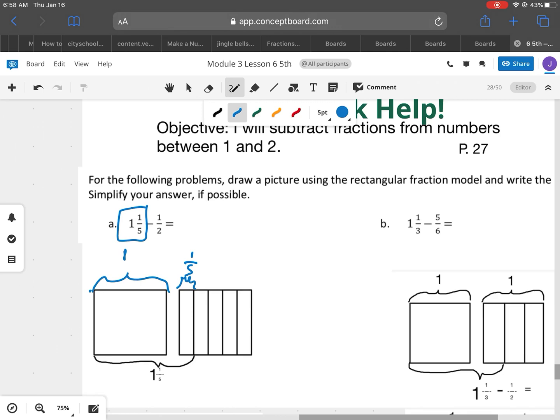Now what we do have to do is we still need to cut our whole into fifths. All right, and then we have to see that we have to cut the whole thing, the complete thing, the mixed numbers, both of these, into halves.